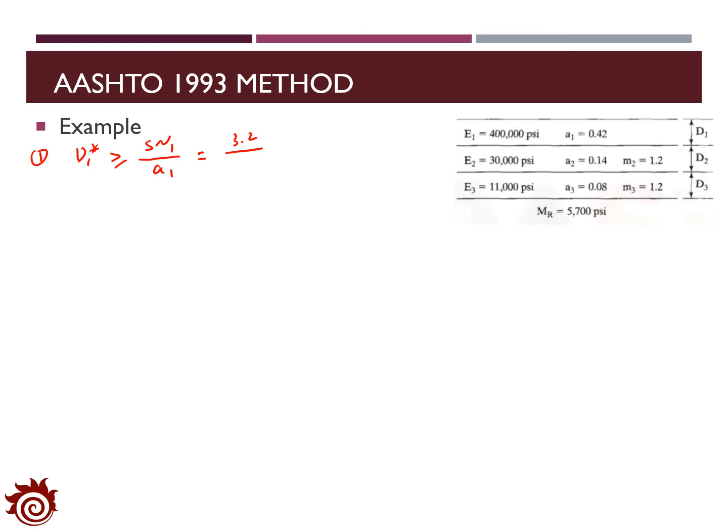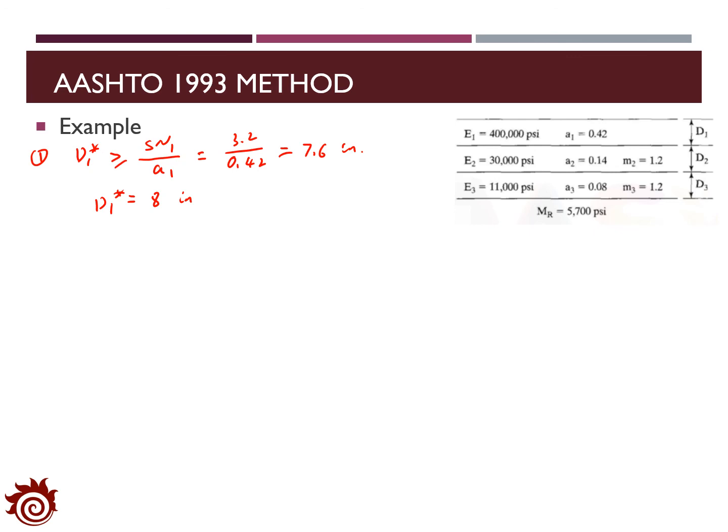So we have the minimum value as 3.2 divided by 0.42, which is 7.6 inches. We can choose any value that is higher than 7.6 as the thickness of the surface layer. We'll choose an integer number. So we set D1 star as 8 inches.